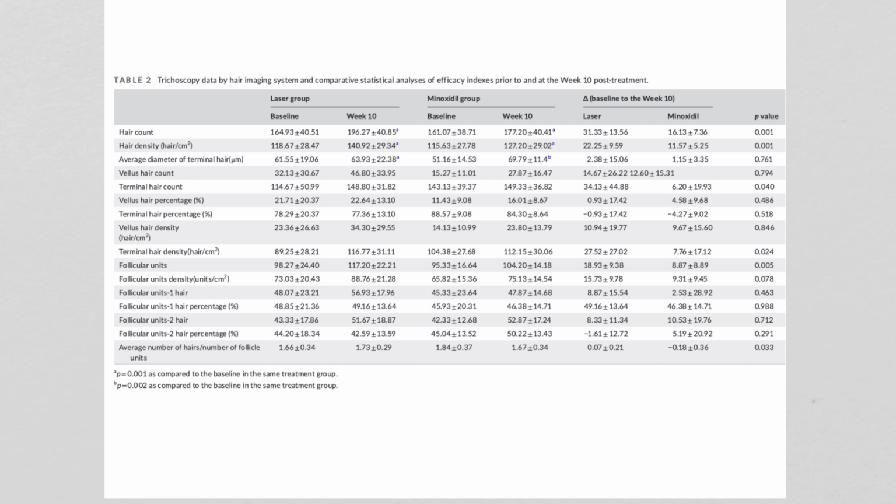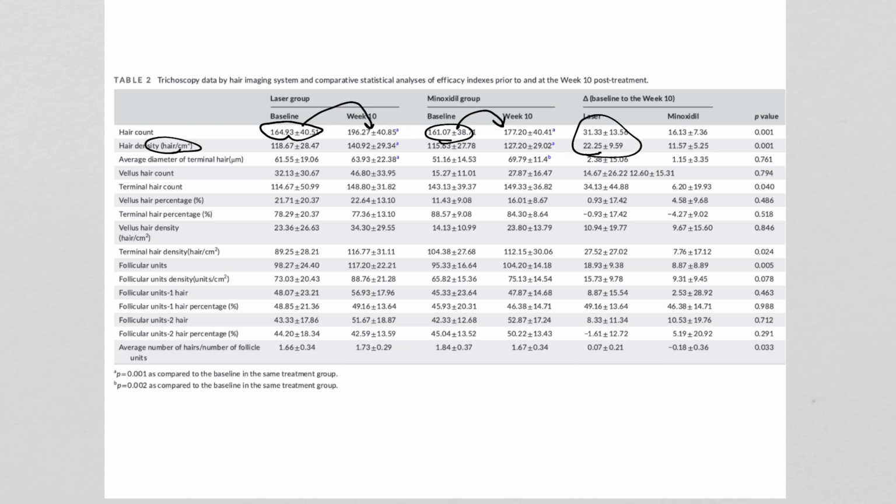So the laser group, this is right baseline to week 10 for laser therapy and minoxidil. And then this is the actual change, right? So if we're looking at hair count, meaning like number of total hairs counted, we seem to get a better increase for that, and you can measure it as hair density, right?